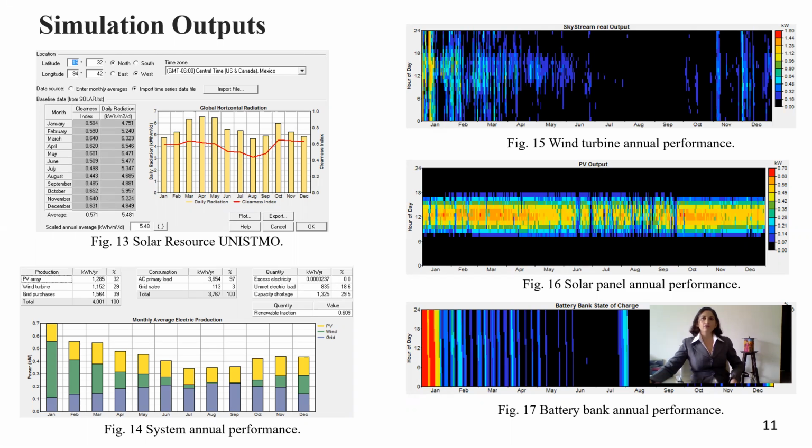The fraction in yellow is the PV generation, the green is the wind generation, and the purple is the fraction of energy that the grid supports. In figure 15, the lines represent the amount of energy generated along the year, and the black color means that the wind was not enough to generate power. In the same way, figure 16 is for the solar energy, and figure 17 for the battery bank energy output.